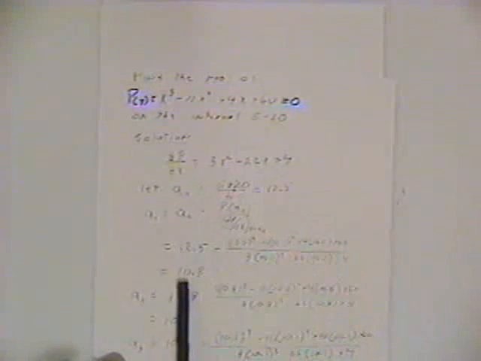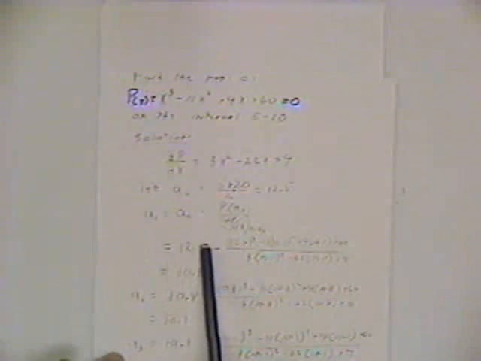And divide that by the value of the first derivative evaluated at x equal the initial guess. All right, our first derivative is here, so we just substitute x equal 12.5 into that, evaluate that expression, and we get a better estimate of 10.8. So then our A1 estimate is 10.8.